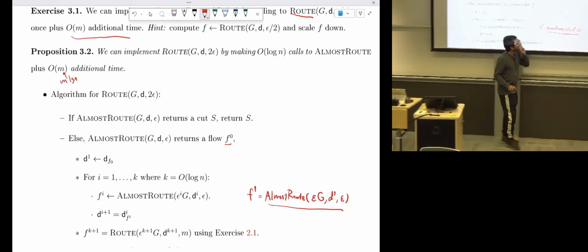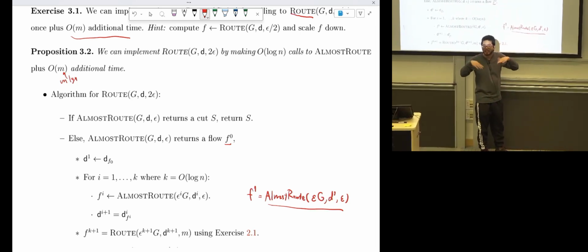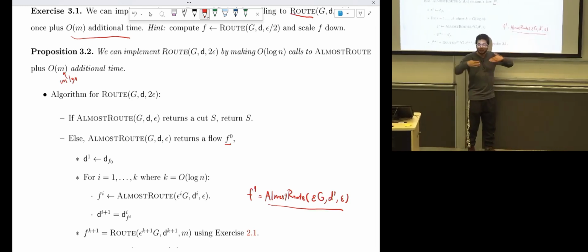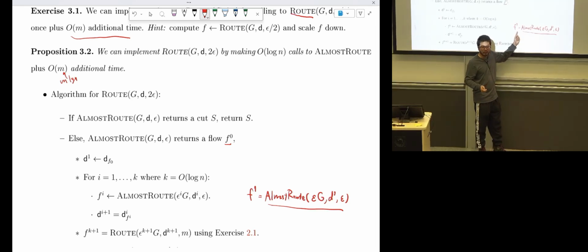I'm going to try to route D1 in G after scaling down capacity by epsilon. This might return a cut or a flow. But can it return a cut? I claim no, because we know this demand is routable in epsilon G. It's just from our promise. If it's routable, there is no way you can find a violating cut. So it's just going to return a flow.